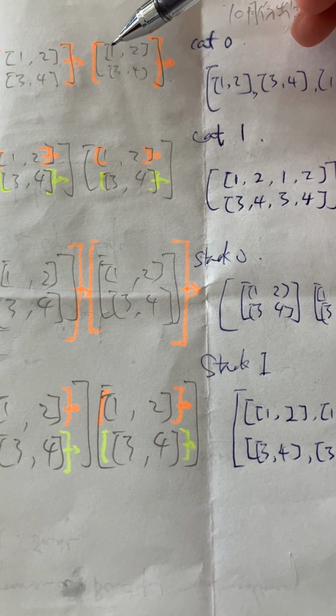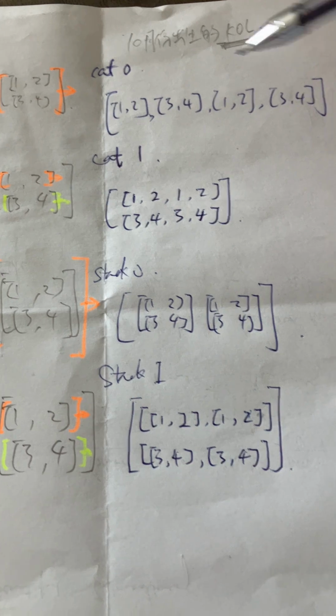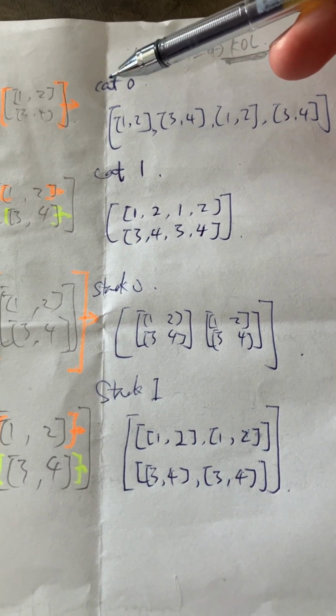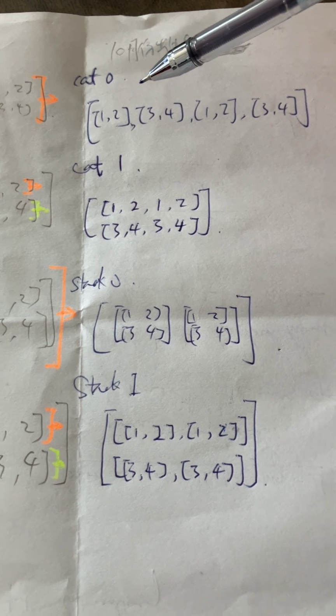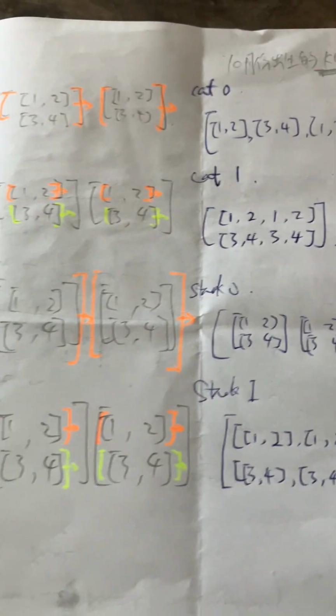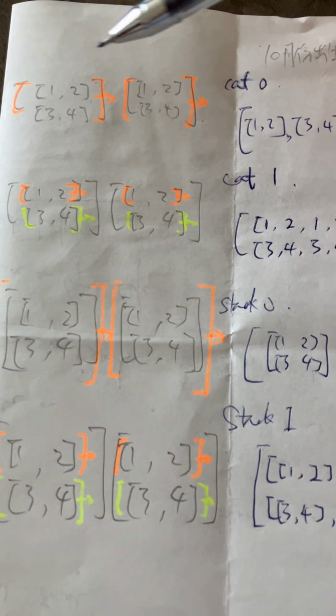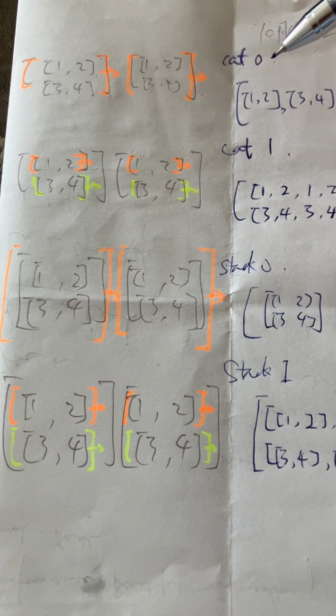That is 1, 2, followed by 3, 4. So the result of concatenating these 2x2 tensors along its 0th dimension will be 1, 2, 3, 4, 1, 2, 3, 4.